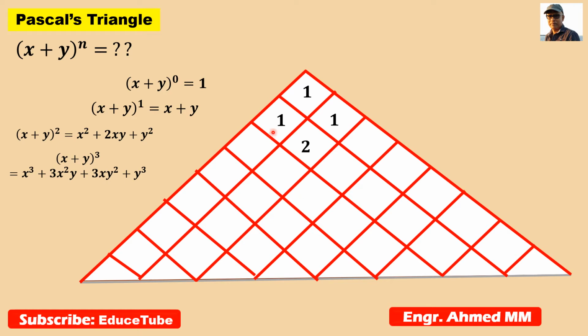Now as I said, along this line there will be 1, so here and here I have to put 1. Again, to get this number I have to add these two adjacent coefficients. How? 1 plus 2 equals 3, and the other position also, 2 and 1, will be 3.